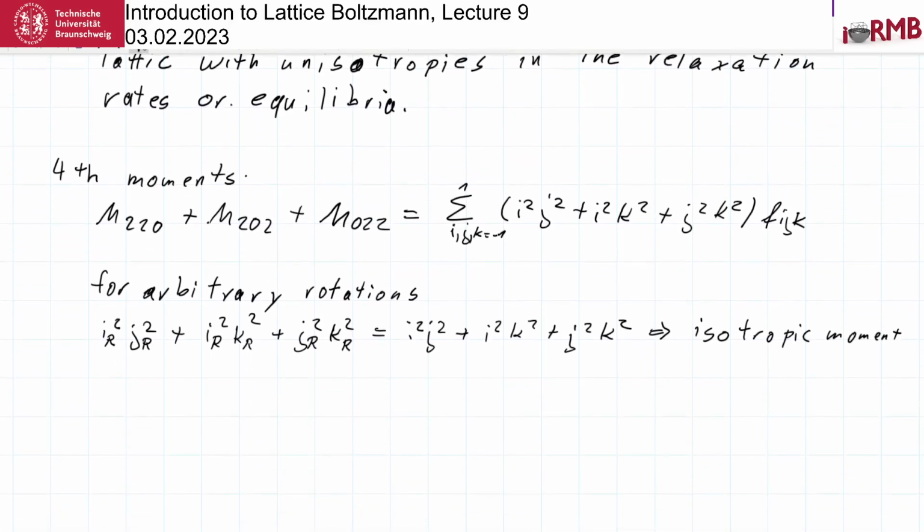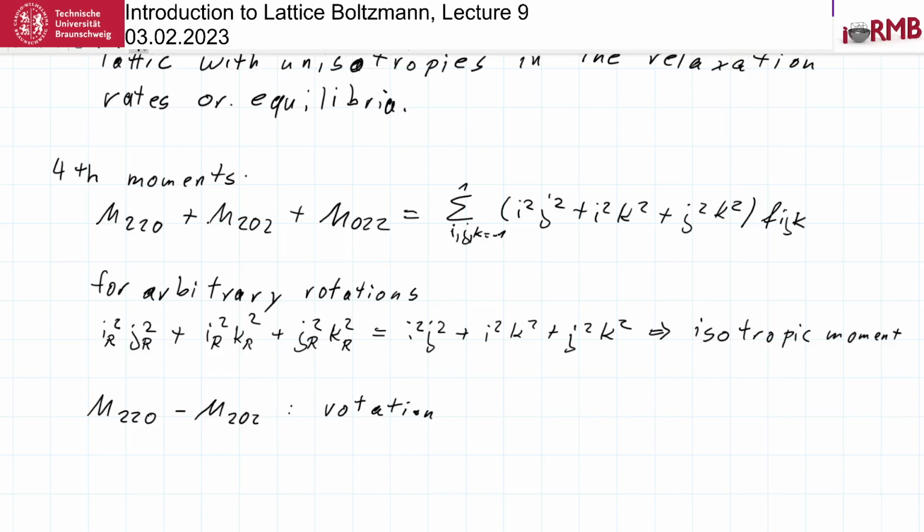So, and then there are other ones, namely this M220 minus M202. So this is very similar to the ones that we already had. We do a rotation about the x-axis, because the x-axis is the odd man out of them, right?